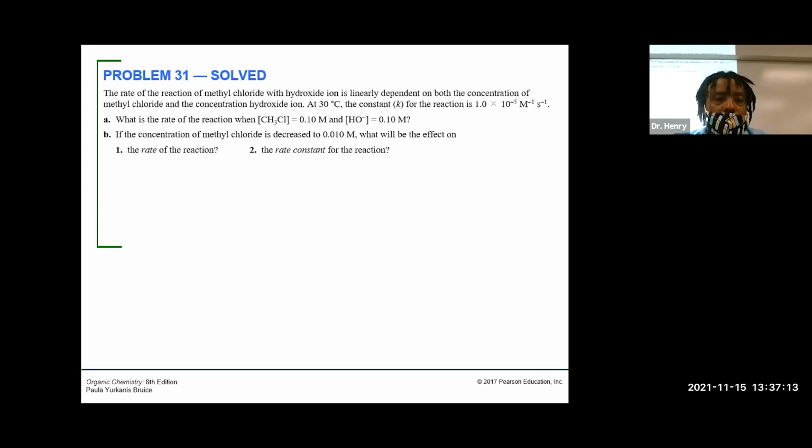What is the reaction rate when the concentration of methyl chloride is 0.10 molar and the hydroxide ion is 0.10 molar? What is the first thing that we're going to want to do?